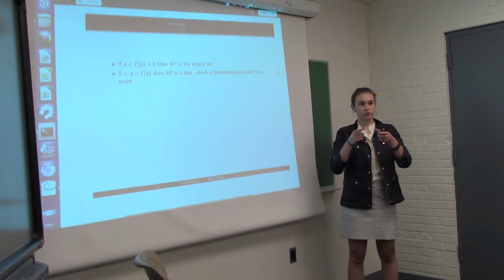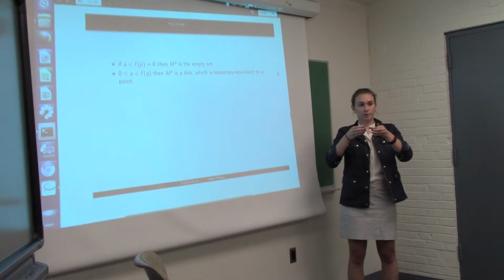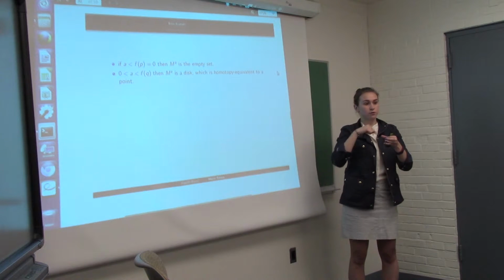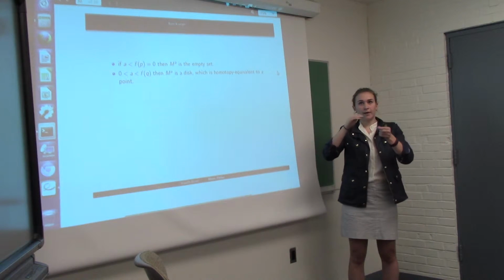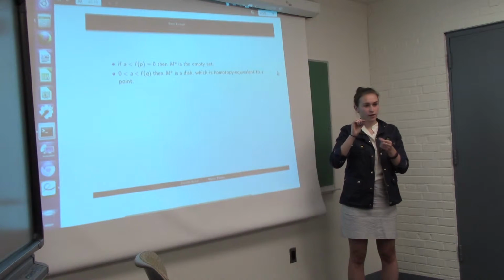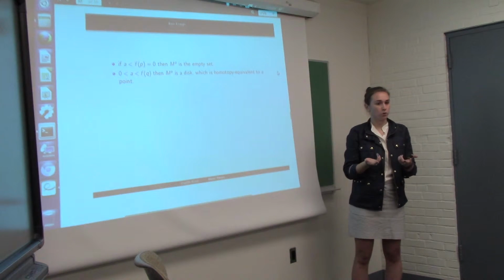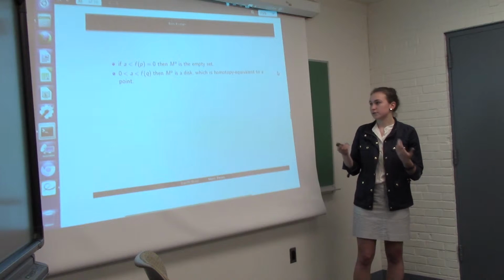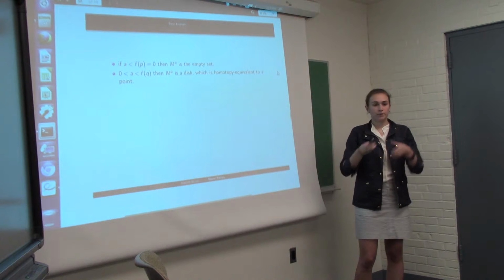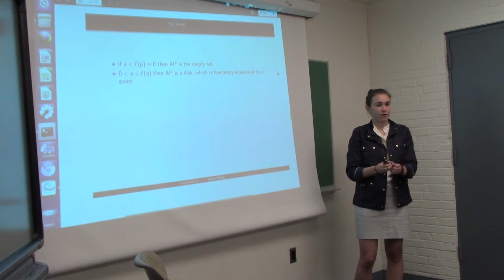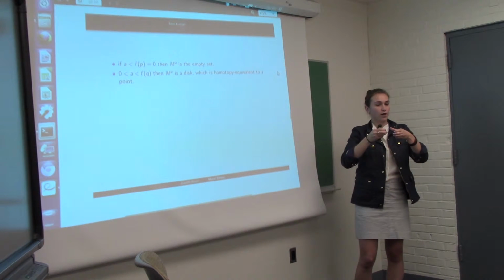As you're filling it up, it's just going to be equal to a disk. It's not going to go past that bottom of the circle yet to make 2 sides to it. It's just filling up almost like a hole. That's homotopy equivalent to a point, because as it's filling up, it goes from the size of a point up to a filled up hole.